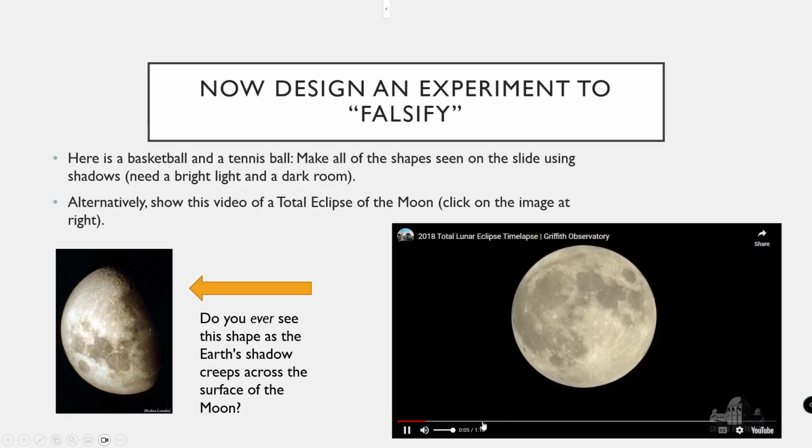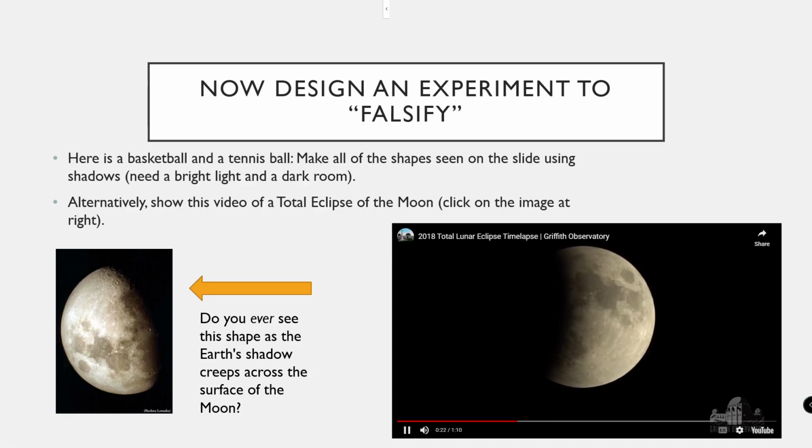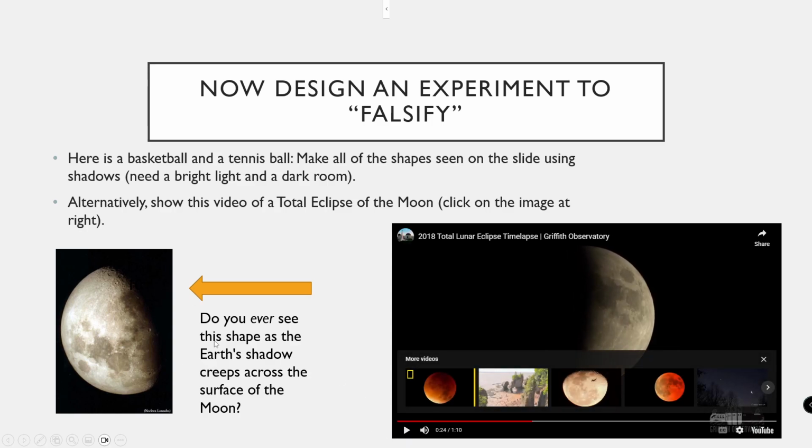So you can see as we go through, this is a time lapse of an eclipse. So the blocking, either through the moon blocking the Earth or the Earth blocking the moon type of thing. Solar or lunar, depending on what you think. But you can see, here we go. We're getting the eclipse happening here. And we can see those are not the same shape. The curvature of the line between the light and the darkness is not the same.